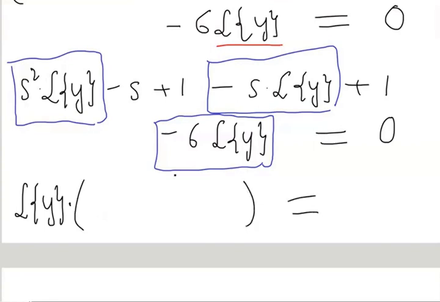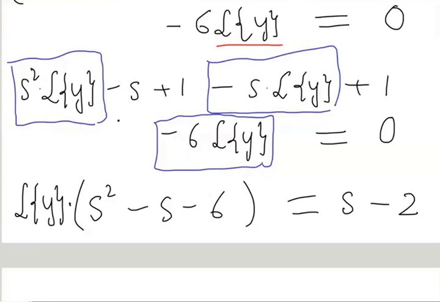Everything else we move to the right hand side. So for all these blue terms, after we factor the Laplace transform of y out, we have s squared minus s minus 6, and everything else we should move to the right hand side. The minus s here, when we move to the right hand side, we have plus s, and then 1 plus 1 is plus 2, but then to the other side we have minus 2.